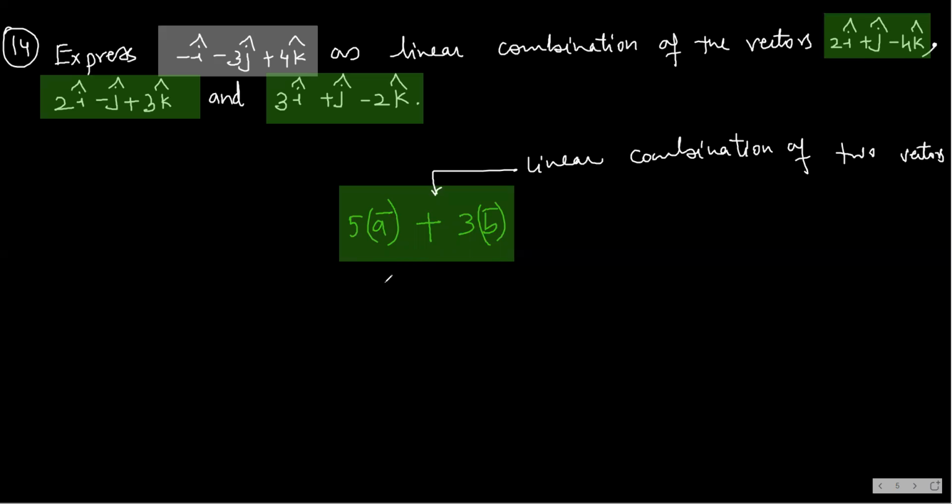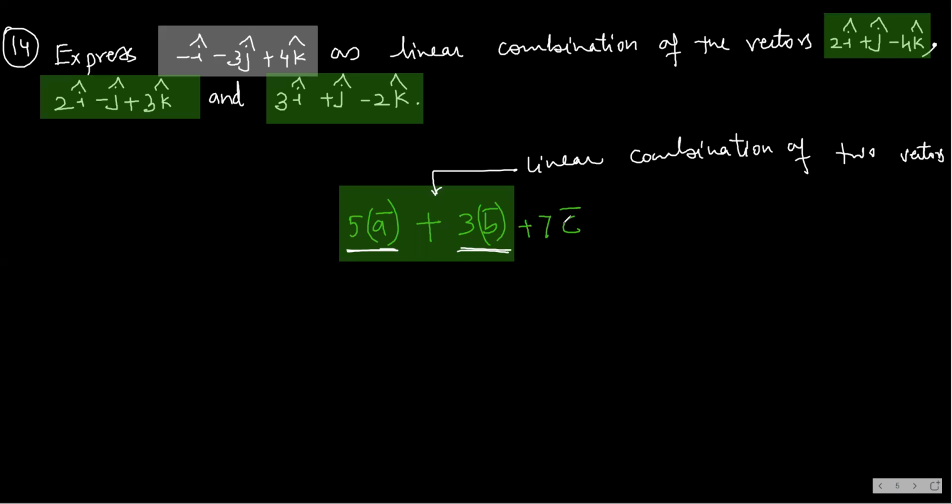This is some other vector, which will also be in the same plane of a bar and b bar. Suppose I have one more vector, say 7c bar, and I add this also.